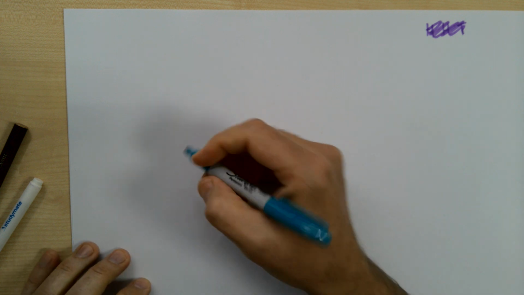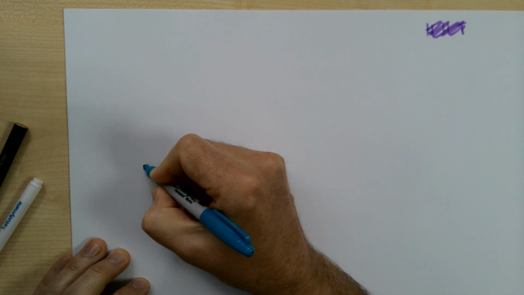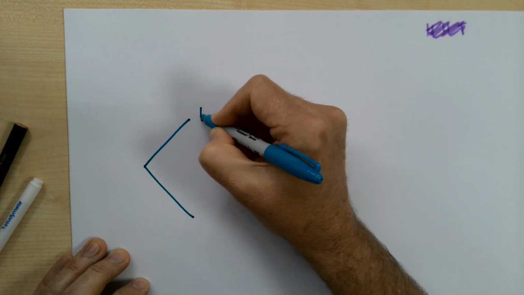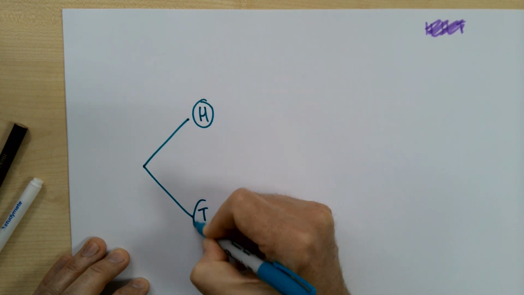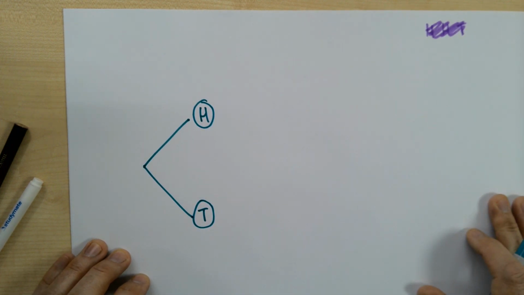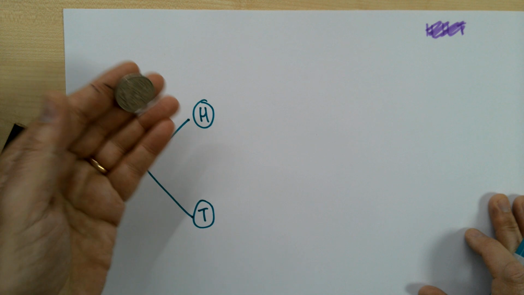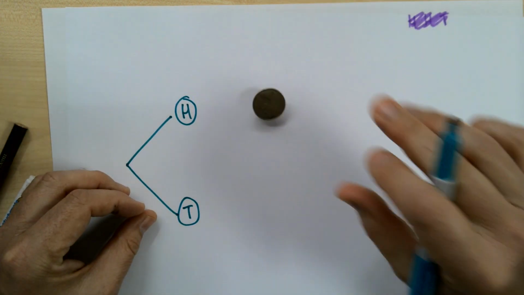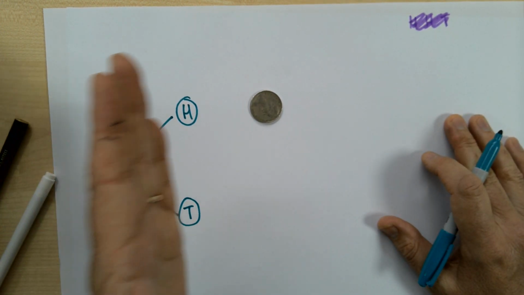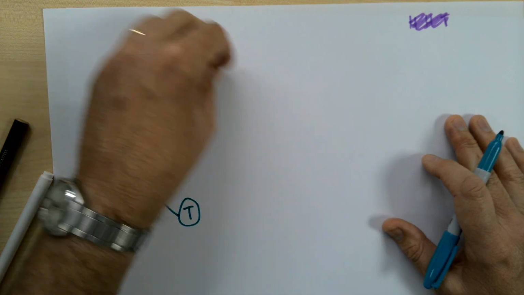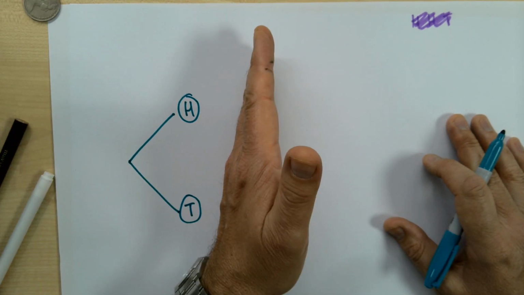I'm going to start off with the first time I toss the coin. When I toss the coin for the first time, I've only got 2 options, haven't I? I can go head or tail. So that's the first time I toss the coin. Bang, head or tail. Once I've done the first one, I do it again.